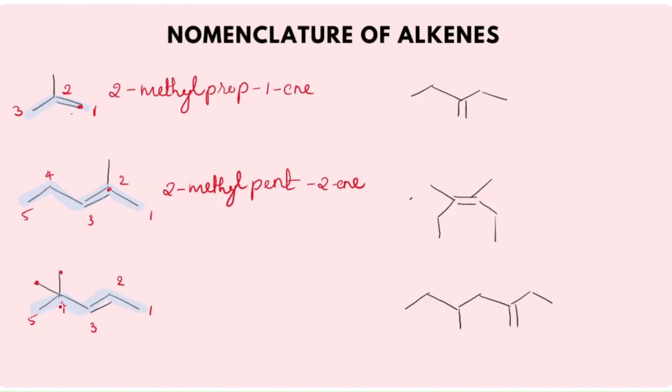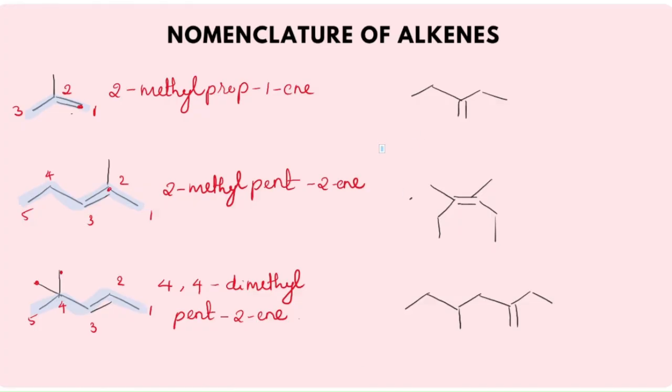What does that mean? The substituents are at the fourth position, so 4 plus 4, 8, right? Otherwise, we would have got 2 plus 2, right? But still, we should not do that because the double bond should get more priority. That's the reason. Therefore, the name of the molecule is 4,4-dimethyl, and there are 5 carbons, therefore pent-2-ene.